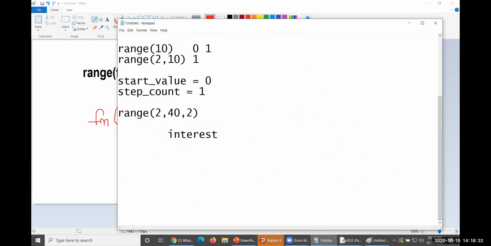Interest calculation takes three different types of parameters: principal, followed by rate of interest, followed by time. These are the three parameters generally taken by any interest calculation. If you want to provide default parameters for rate of interest and time, yes, you could provide them, and it can be calculated on your own.